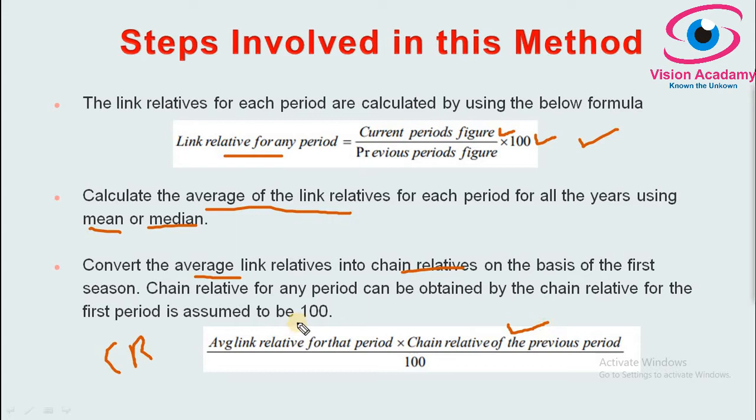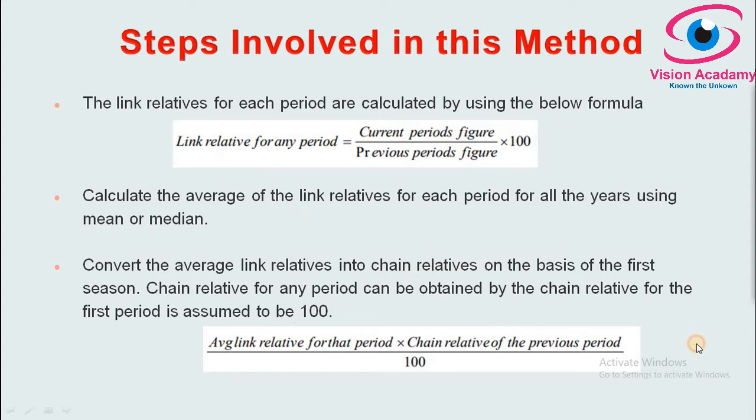Very importantly, for the first quarter we need to assume the chain relative is 100, because to apply the formula we need it. If you want to calculate the chain relative for the first period, you don't have any previous period, so you need to assume 100 for the first period.